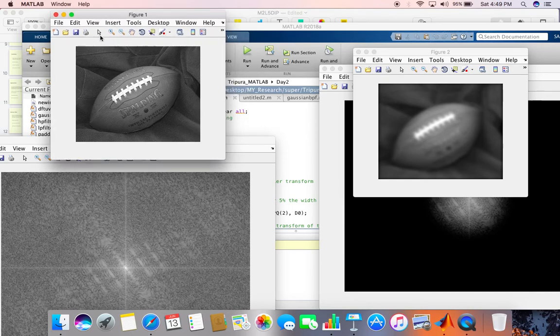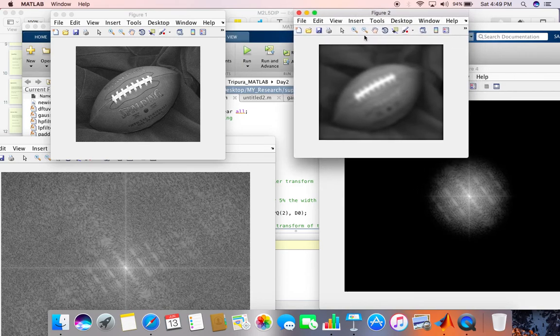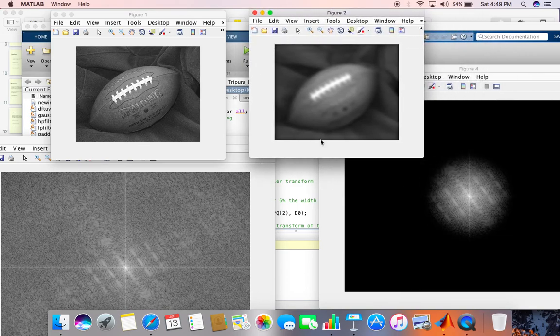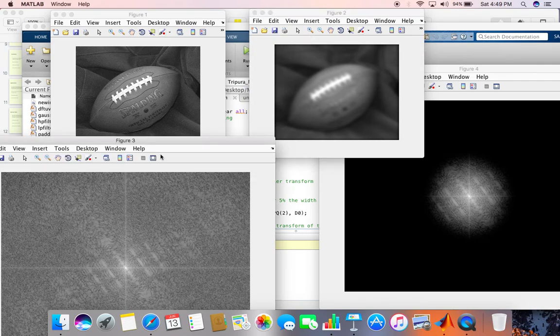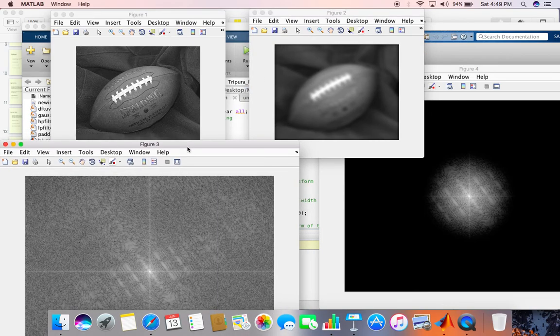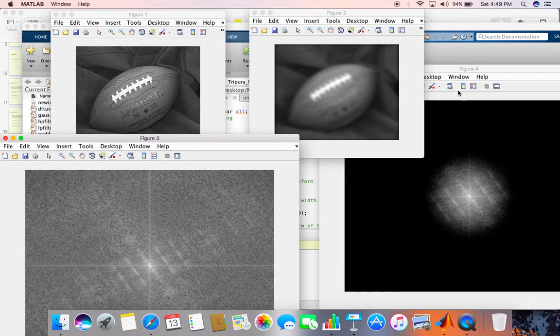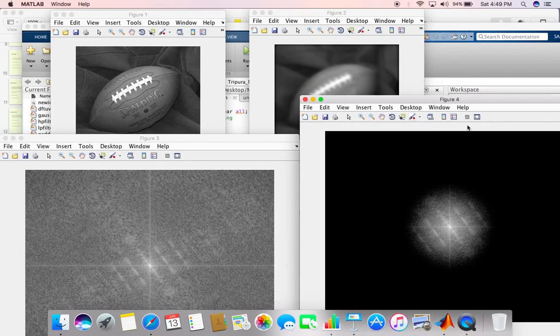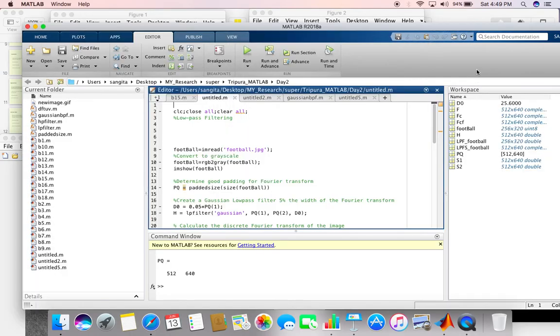This is the original image. This is the image after low pass filtering, the output. And this is the Fourier spectrum of the original image. This is the Fourier spectrum of the low pass filtered output image. This is for the low pass filtered output.